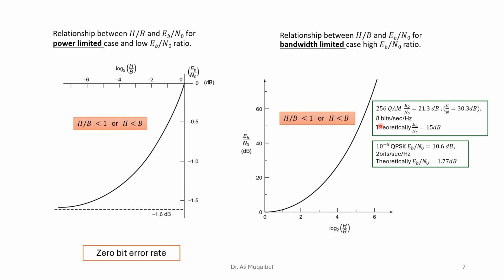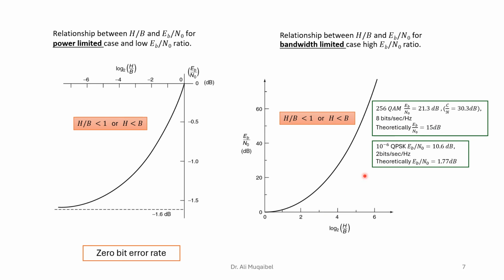So we have about 2, we have about 9 dB difference, because we have 8 bits per second. Theoretically, every multiple of 2 will require 3 dB. So theoretically what we need is just 15 dB.